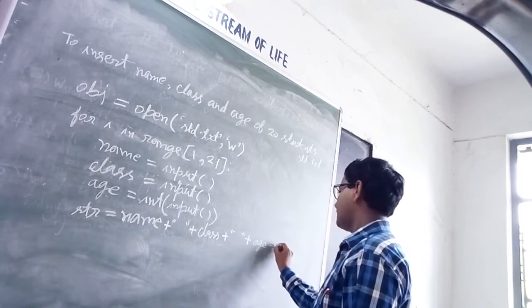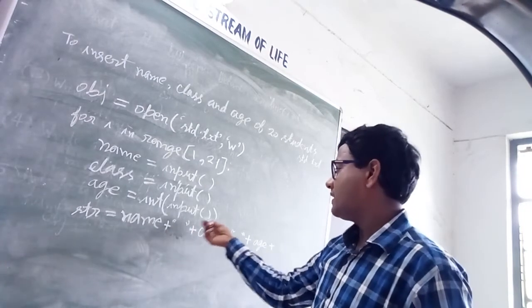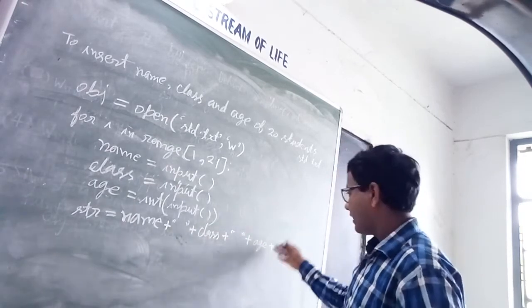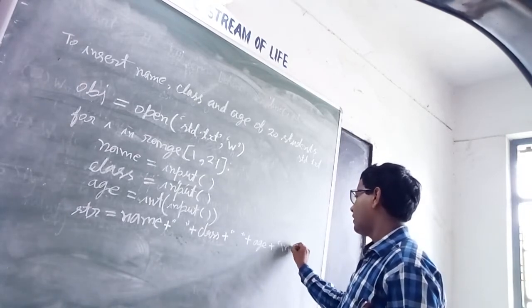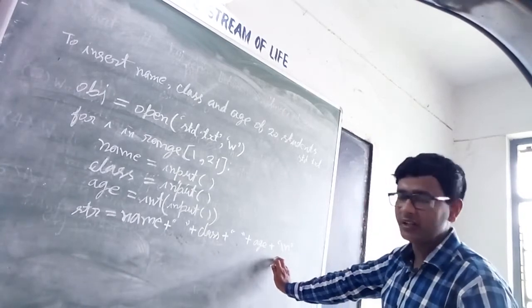Name, after a space class, after a space age. After it we use a new line character for taking the next entry in a new line. For taking the next entry in a new line we use the new line character.